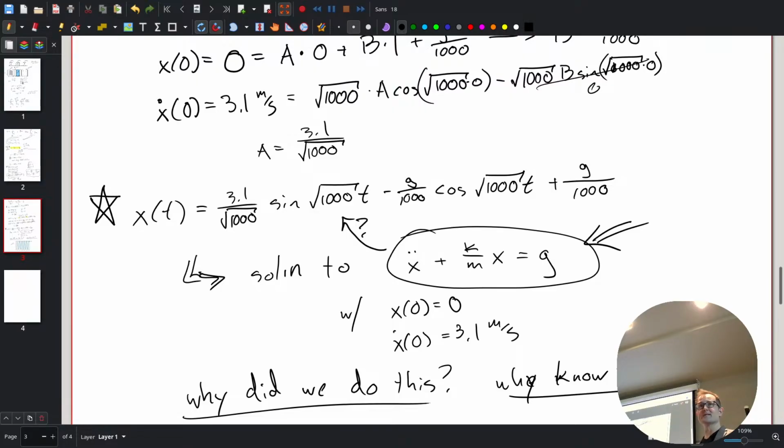You can tell a computer, hey, this is my differential equation, give me an answer. It doesn't give you a function of t, but it'll tell you every position and every velocity for any point in time that you want. You can also use power series and other methods.